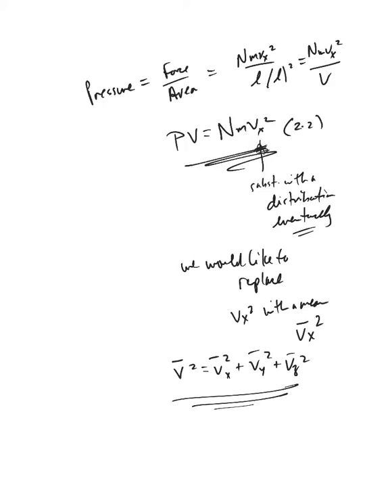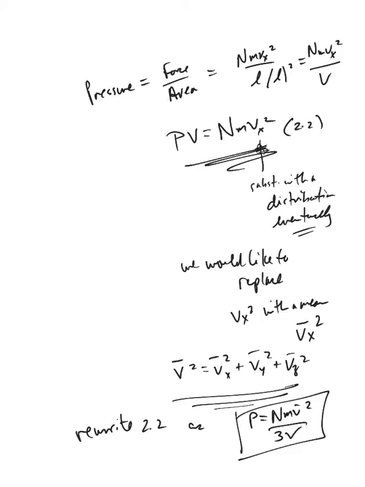And so with a substitution, as we did before, we're going to rewrite 2.2 as P equals N m v bar squared over 3V. I mentioned this in class. This is because all of these are equal to each other. Any one of them is going to be 1/3 of the rest.